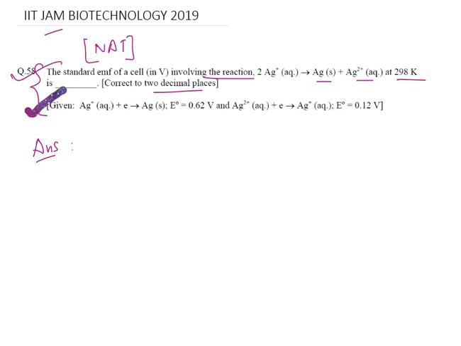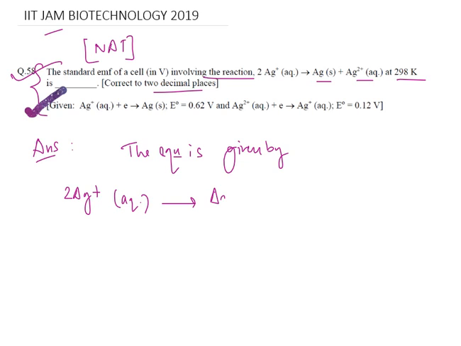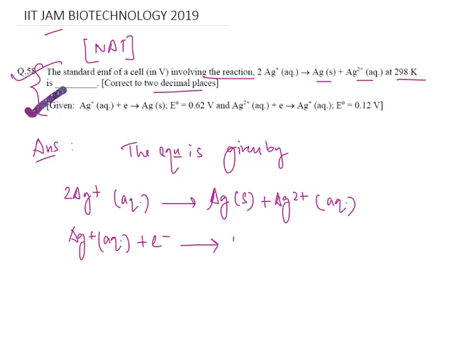Okay, so the equation is given by 2Ag+(aq) results in Ag(s) plus Ag2+(aq). Then Ag+(aq) plus electron results in Ag(s), and here the E naught is 0.62.